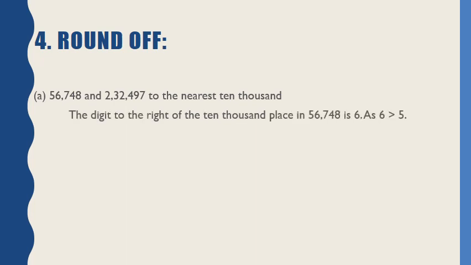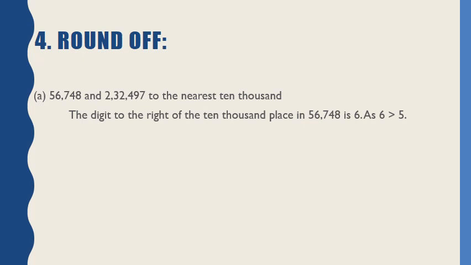So children, in 56,748, the digit at the 10,000 place is 5, and the digit to the right of the 10,000 place in 56,748 is 6. 6 is greater than 5.